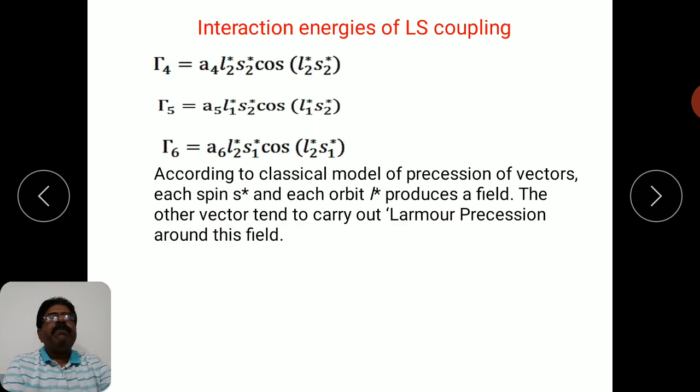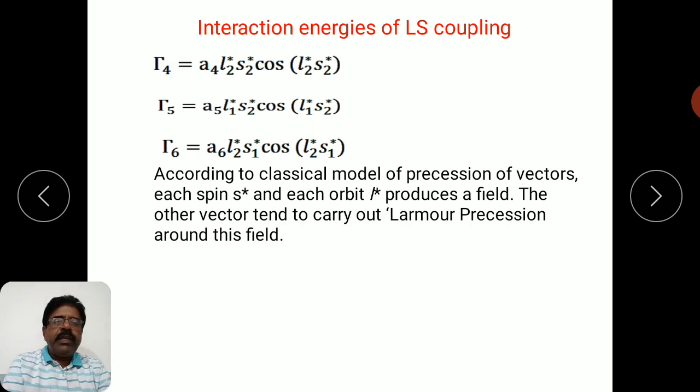Just like that, according to the classical model, each spin, that means S star, and each orbital momentum, that is L star, produces its own field. The other vectors tend to carry out a precession around this field.